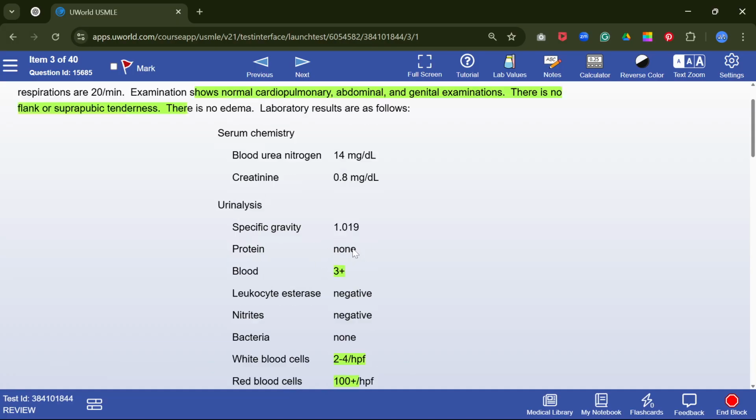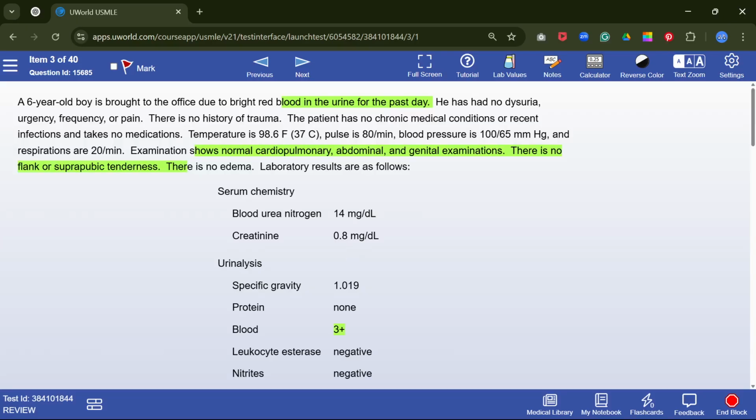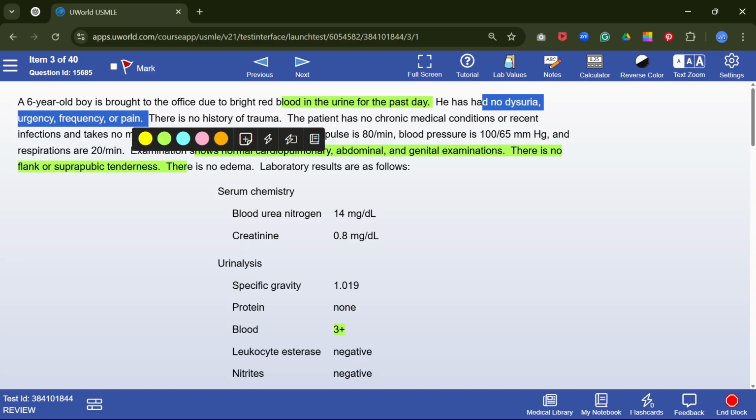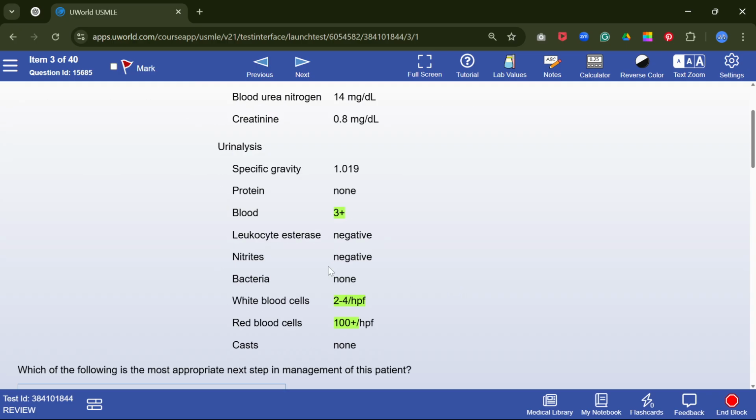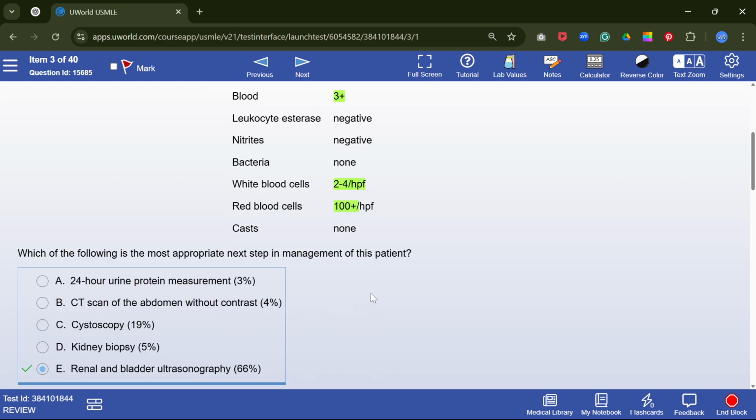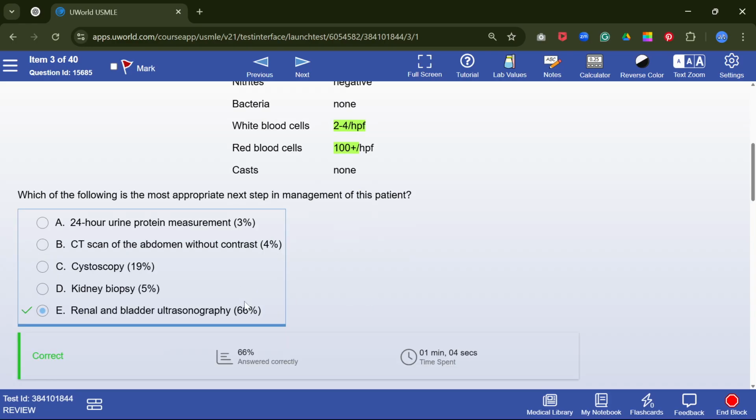It is non-glomerular. This patient has no dysuria and no symptoms. He is asymptomatic. There is just blood in the urine, and after urine analysis we found this. Since it is asymptomatic, our option is renal ultrasound, urine culture, and urine calcium creatinine.